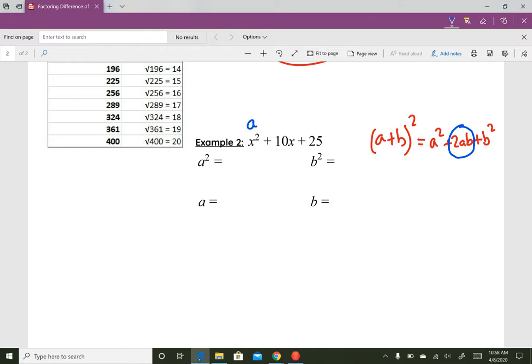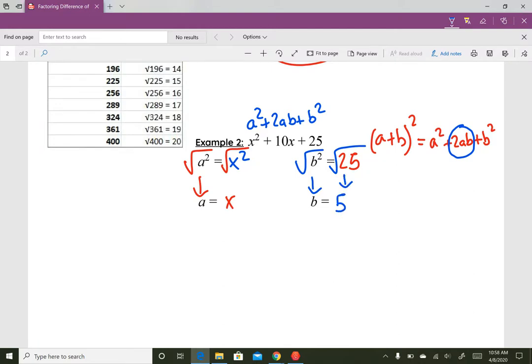So I can match these up again: a squared plus 2ab plus b squared. So a squared is x squared, and b squared is 25. Doing the same thing here, the square root of a squared is just a, the square root of x squared is just x, and the square root of 25 is 5.